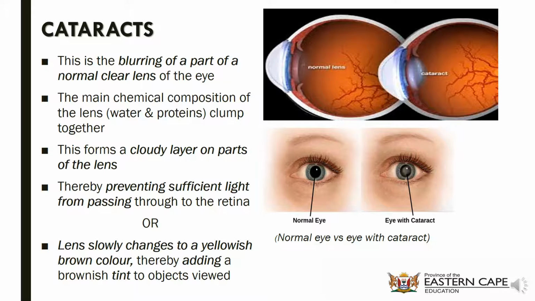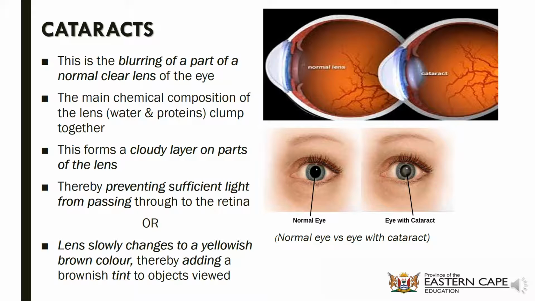And if the lens is cloudy, it means that it is going to affect how much light is going to pass through the eye to fall on the retina. And obviously the amount of light that goes into the eye would determine the clarity of the image that is going to be formed.